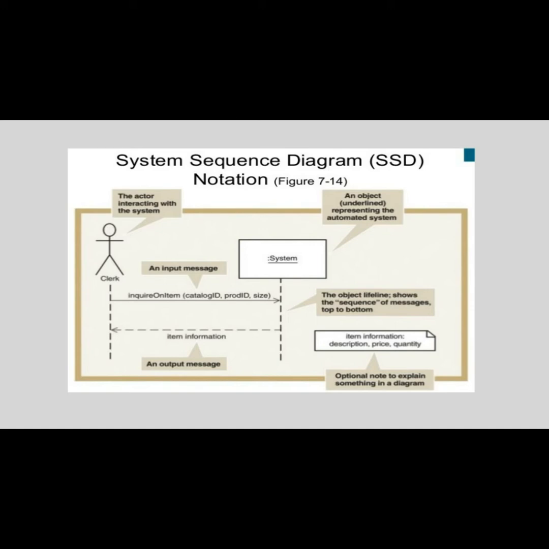Then the message goes to an object that represents the automated system. Underneath the system is the object lifeline, which shows the sequence of messages from top to bottom. Then after the process, the item information like description, price, and quantity is the output message that goes back to the user.